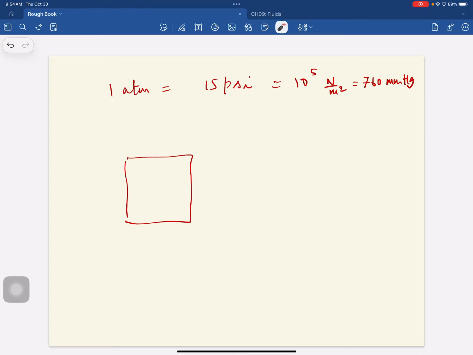Yeah, you need a longer pencil. We'll give it one more try. This paper's pretty thin too.